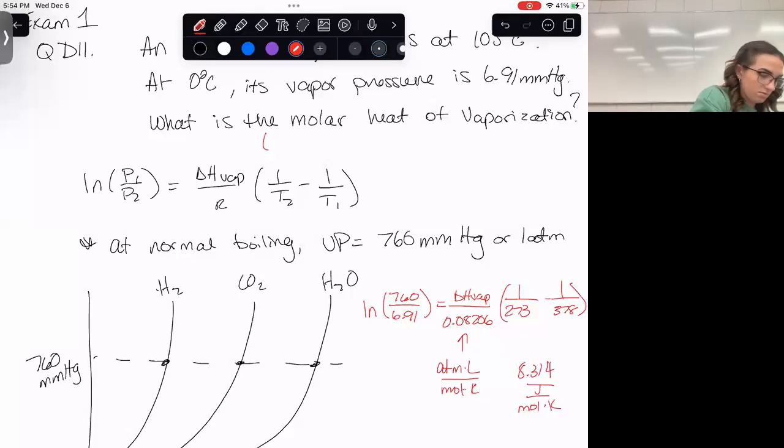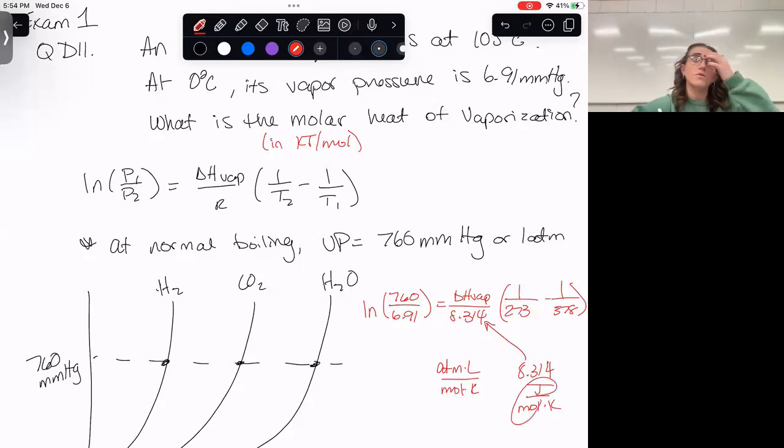It's asking for kilojoules per mole, so this does want to be the 8.314. This one ends in joules, which gives you those units here. And the pressure units will cancel out in your ln.